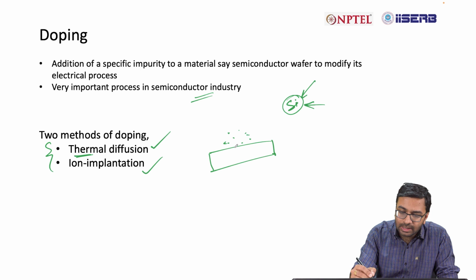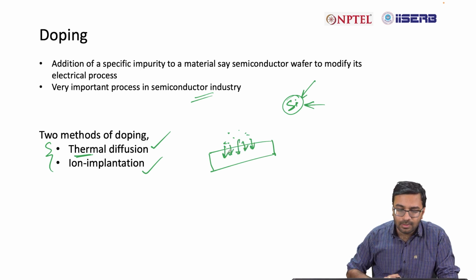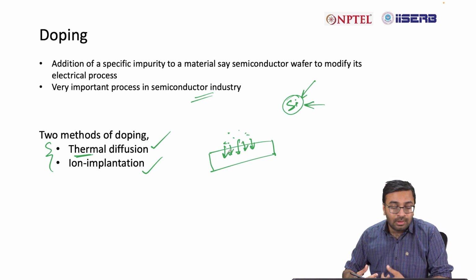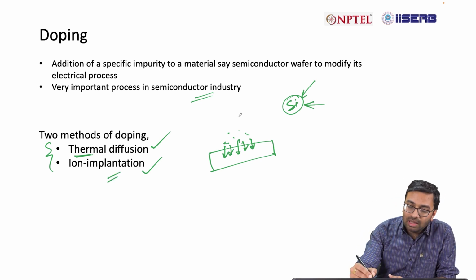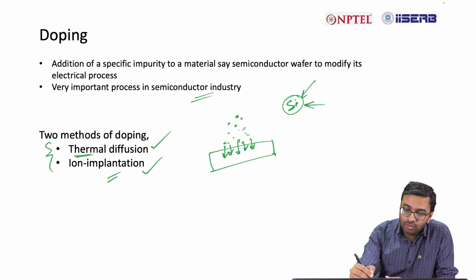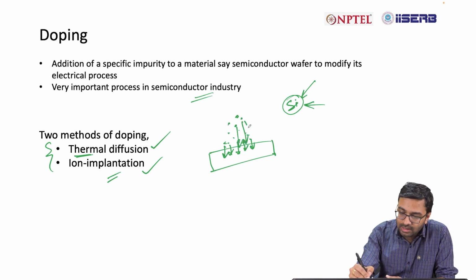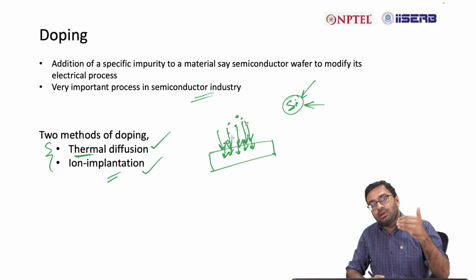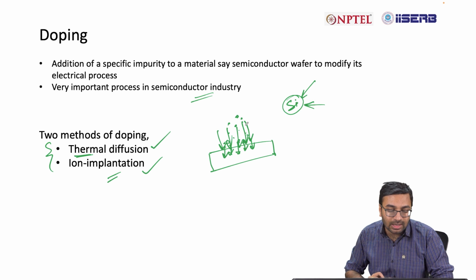Once you heat it, they'll start diffusing inside the semiconductor material, and then the material will get doped. In ion implantation, you have ions present. What you do is you bombard the surface of the semiconductor substrate with different ions of dopant material, and then you can insert those atoms inside the semiconductor, and this is known as ion implantation.